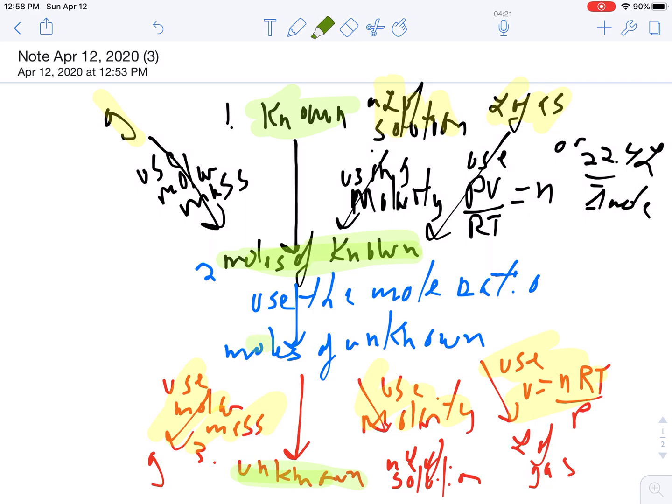So those 3 steps are the same in every single problem. What you're given and what you end with are going to be different. So we'll start with a few easy problems, and then in the second video I'm going to make some challenge problems that are extra credit, but I'll start with the problems that I would expect you to be able to do. These are the problems that would be on the quiz. The challenge problems will not be on the quiz.